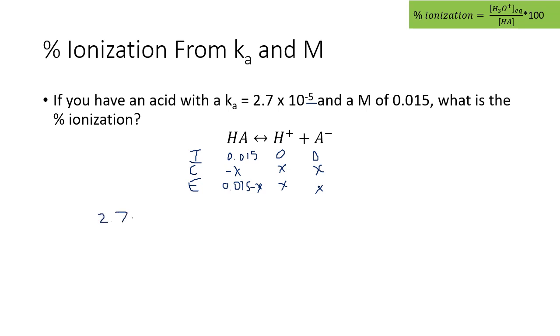So we know that Ka is equal to 2.7 times 10 to the negative 5th, and that is going to be equal to X squared divided by, now we have a choice here. Do we think that 0.015 is large enough that it won't matter whether or not we do the quadratic formula here?